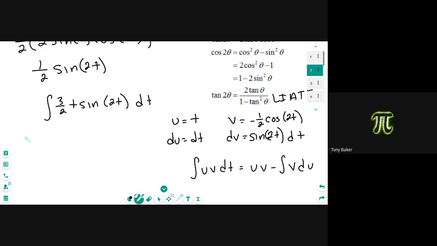So I have t times negative 1/2 cosine 2t, minus the integral of negative 1/2 cosine 2t dt.